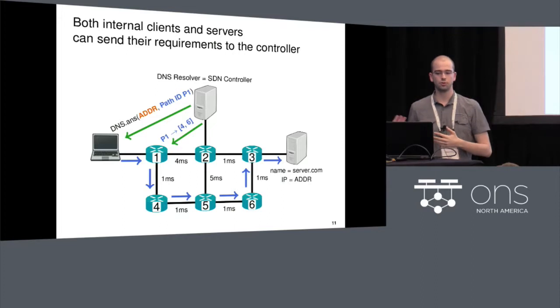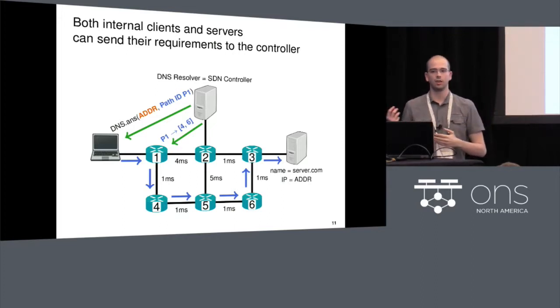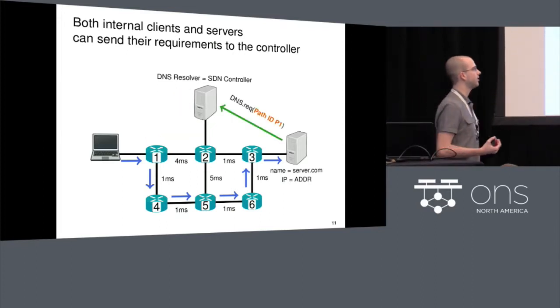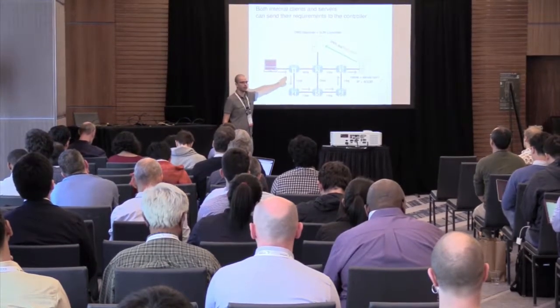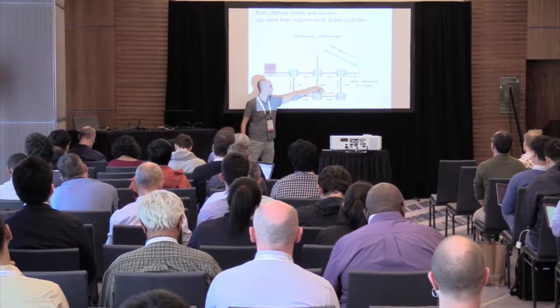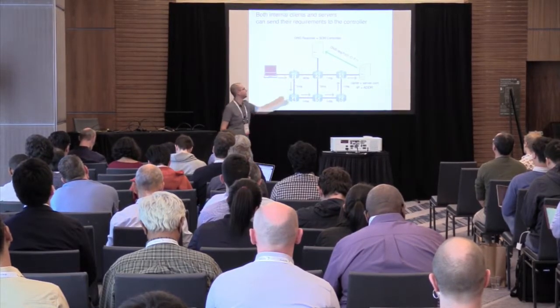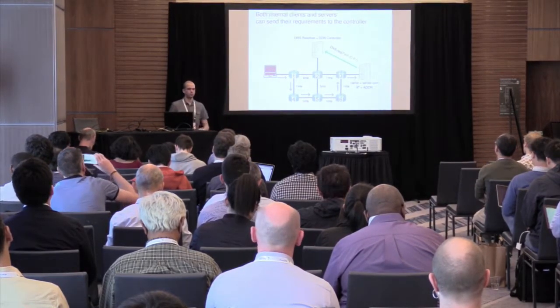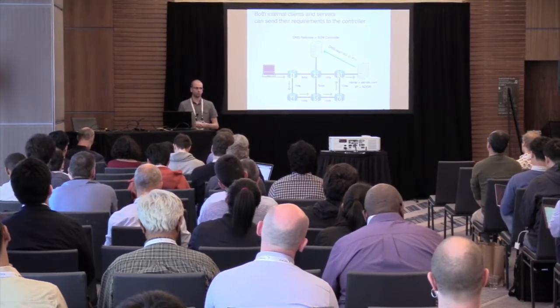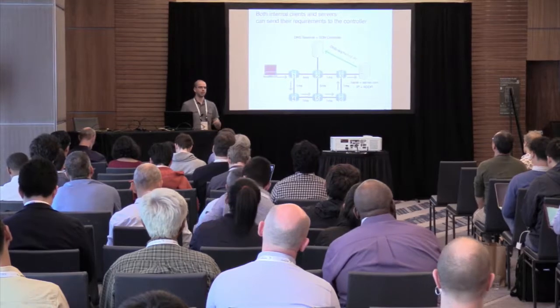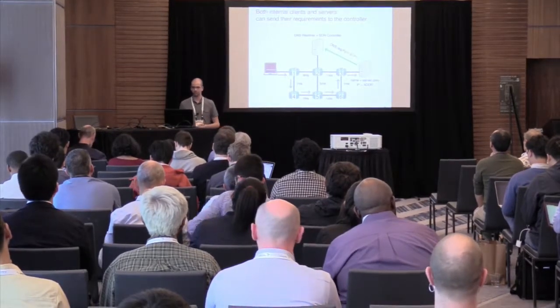So to query the DNS resolver, you have to use something else, and we have chosen to use the path ID, because the path ID is encoded inside the packets and arrives at the server. So the server can know the path ID to send to the SDN controller. The SDN controller will know to which flow it corresponds, and it can pass additional requirements. Here I didn't put it, but it's possible.